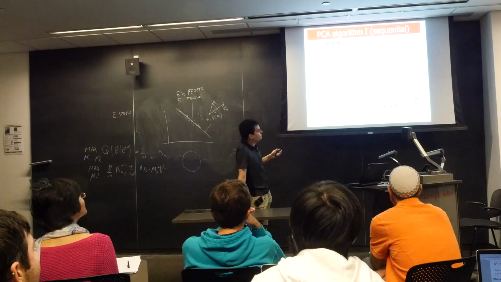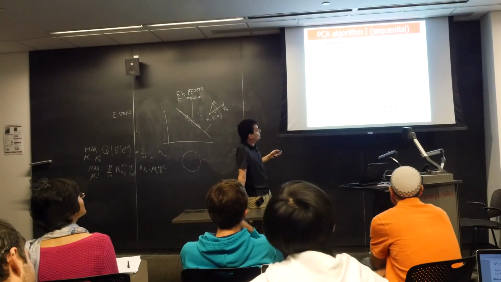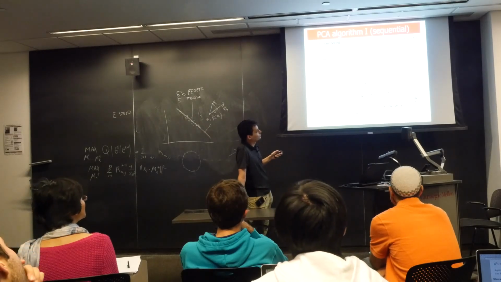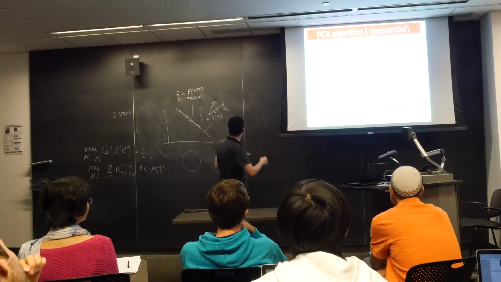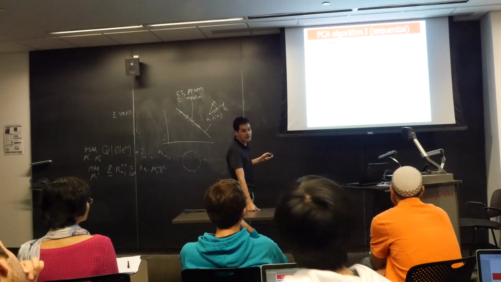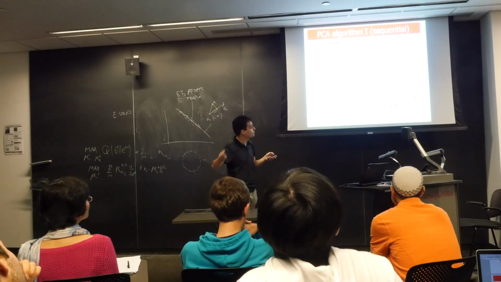To find the second principal component, we do this in the residual space. I already know what W1 is. W1 transpose xi is the length of this projection. W1 times W1 transpose xi is that vector that points to the projected point.